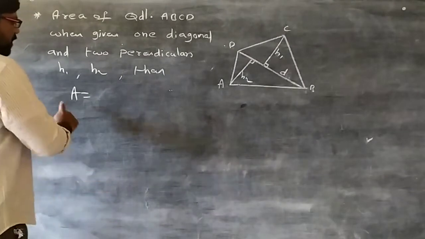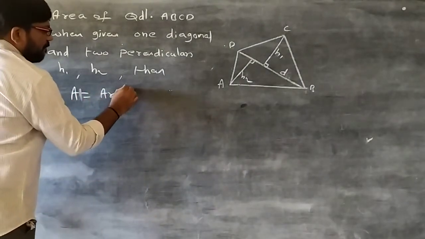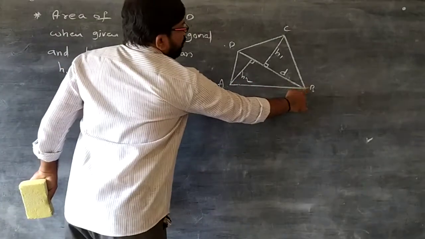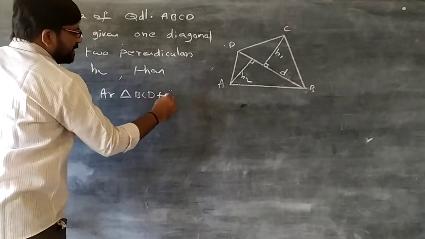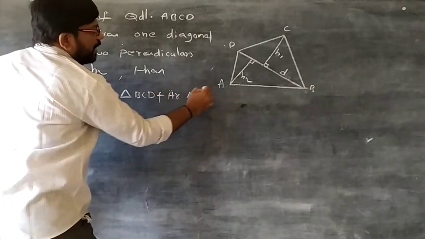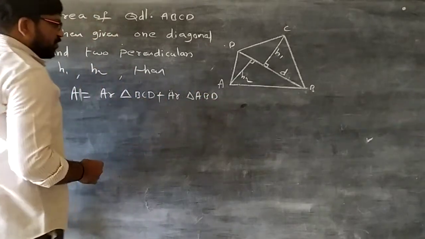Observe carefully. So area of quadrilateral can be written as area of triangle BCD plus area of triangle ABD, right?